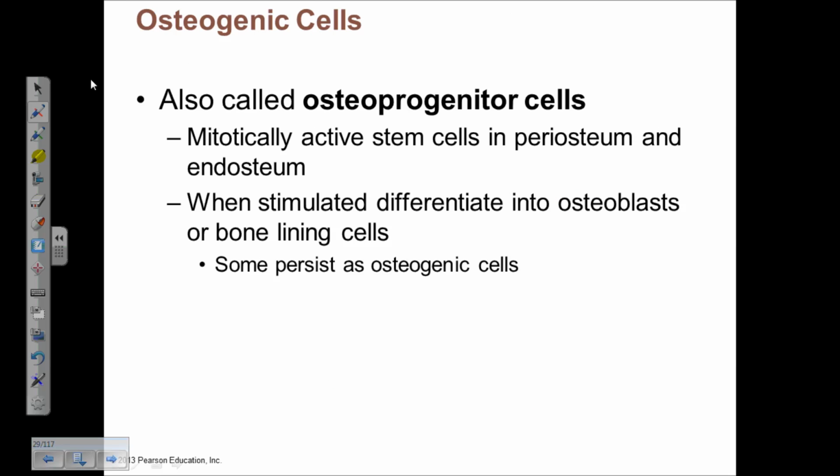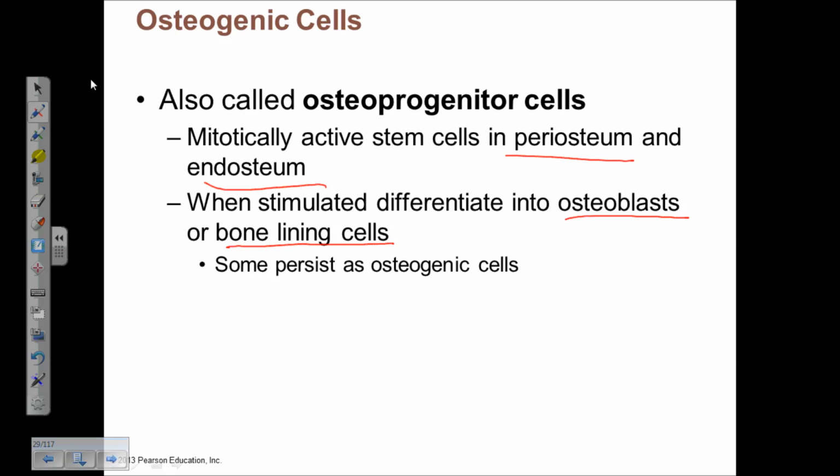So osteogenic or osteoprogenitor cells are mitotically active. What does it mean, mitotically active? It means that they can divide. They're located in periosteum and endosteum, and upon stimulation by different factors, they can differentiate into osteoblasts or bone lining cells.